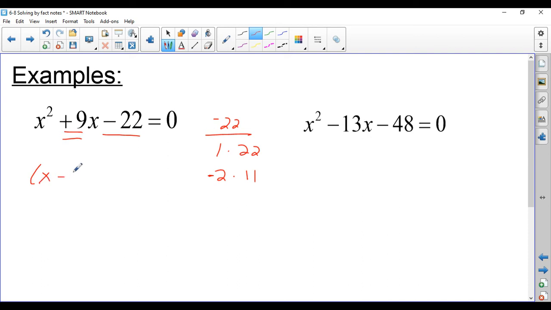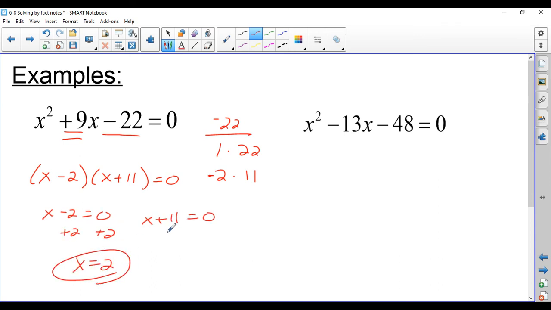So my factors here are x minus 2 and x plus 11. Then I set each factor equal to 0. If it's minus 2, I have to add the 2 to the other side to get x is positive 2. If it's plus 11, I have to subtract 11. I get x equals negative 11.